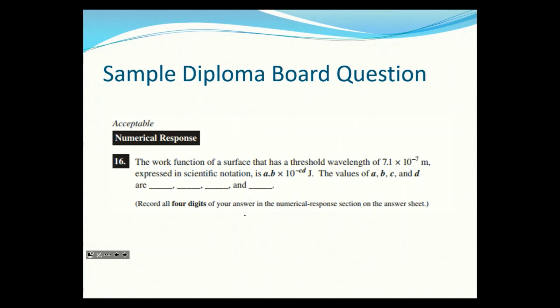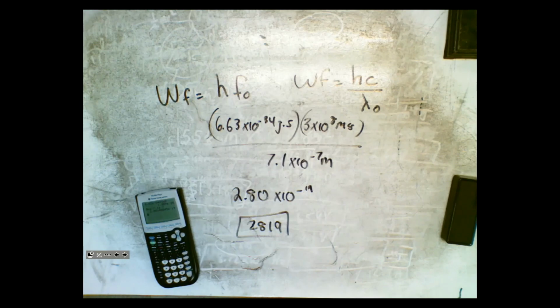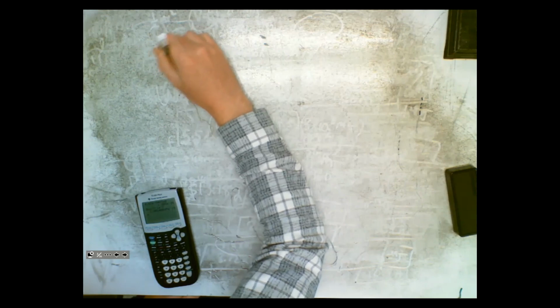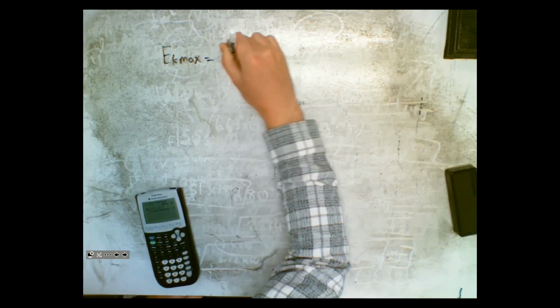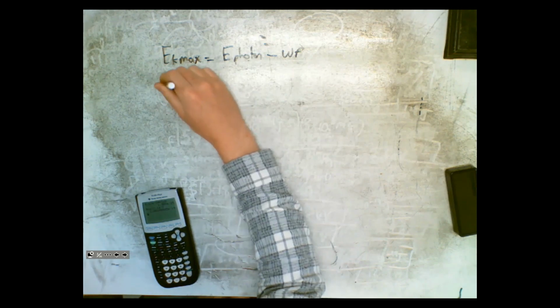Okay, and then this one has a little bit more to it. A metallic surface has a threshold frequency, so we've got our threshold frequency. A photon has an energy, so this is E photon. We want the maximum kinetic energy, so not a lot of breaking down of formulas. So this one's not too bad. EK max equals the energy of our photon minus our work function. The question is looking for the maximum kinetic energy, so we don't need to break this down.